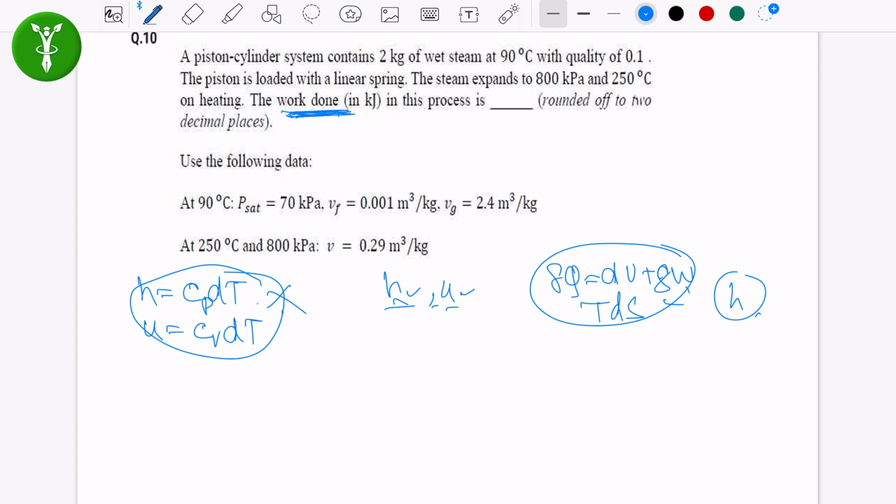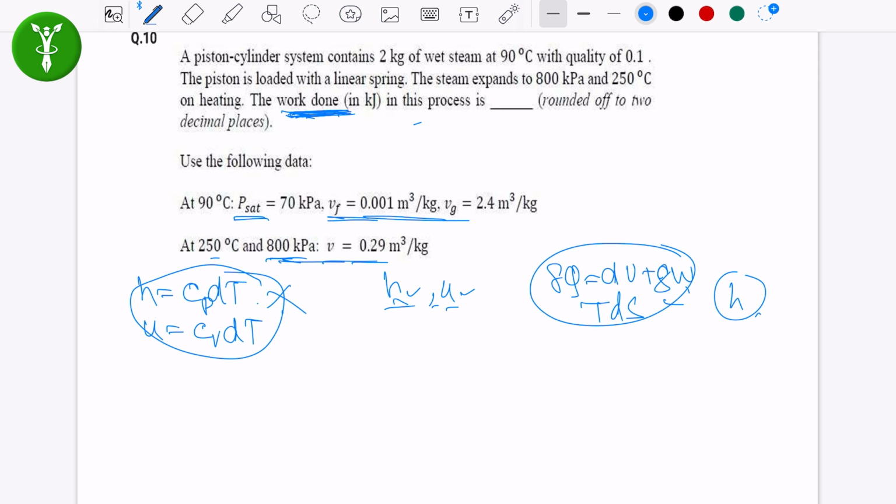Here, as you see in the data, pressure and volume are given. So using pressure and volume, we can simply plot the process on our PV diagram. Once we have drawn the process on the PV diagram, the area under the curve will simply give us the work done.